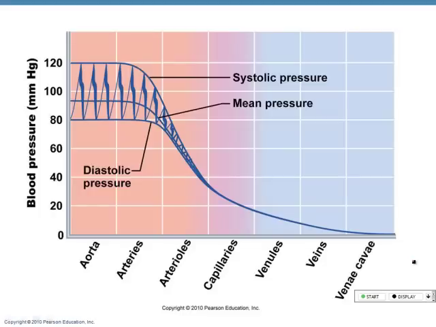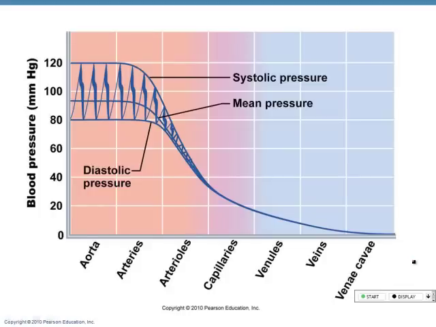What's that represent? The lowest pressure in the system, because you can't hear anything anymore when it's nice and wide open and moving nice and smooth through the vessel. So we'll do that in lab, but that's what you're measuring when you take a blood pressure: the highest pressure and the lowest pressure in the system.